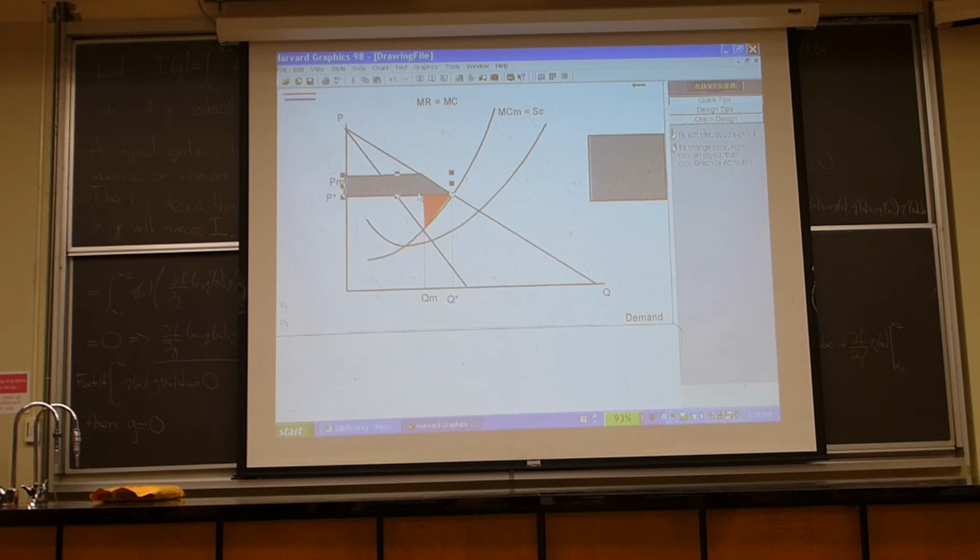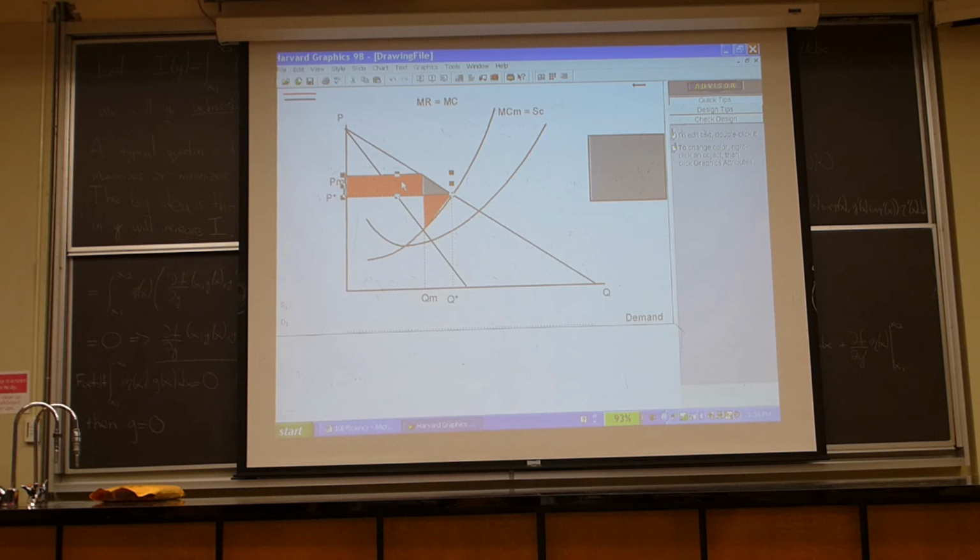Now, one of the things you'll notice here is the monopolist gets part of this as a profit. This part right here is the gain that the monopolists get as a profit. It's the change in producer surplus. Down here, this is producer surplus, right? Right up to here for the new monopolist. This is in addition to the monopolist producer surplus. But it's a loss of consumer surplus.